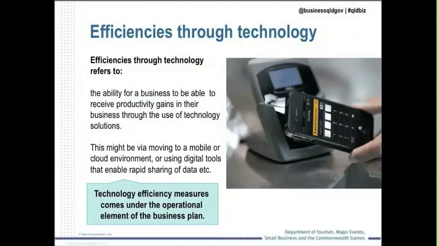I don't know whether we've got any trades-based businesses listening in today, but one of the key benefits of some of these cloud-based accounting products is that if you've got a fleet of plumbers, for instance, or a group of electricians that work for you, you might want to consider moving to a cloud-based accounting product like Xero or FreshBooks, where they can download a mobile application which allows the staff to create invoices whilst they're on site with the customer, and send them via email from their phone or from their iPad, right there and then.